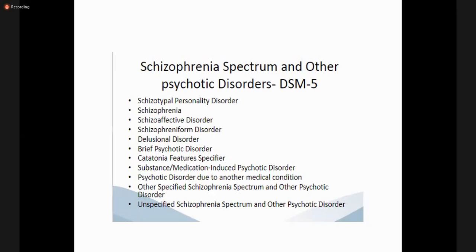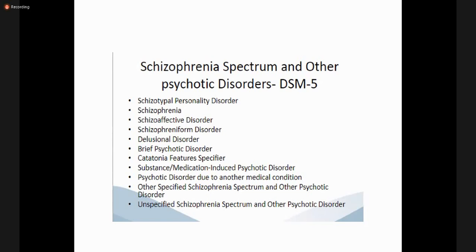So in schizotypal personality disorder, the person's behavior is a little odd. They will dress differently, maybe wear very colorful clothes. Their thinking is different, which we call magical thinking. They have odd behaviors, speech patterns, thoughts, and perceptions.